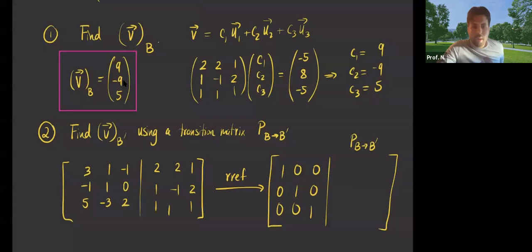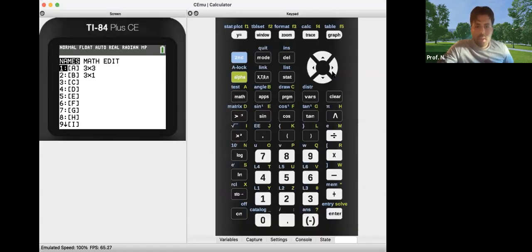So I'm going to go back to the calculator this time and go to the matrix. And now I'm going to have a 3 by 6 instead.